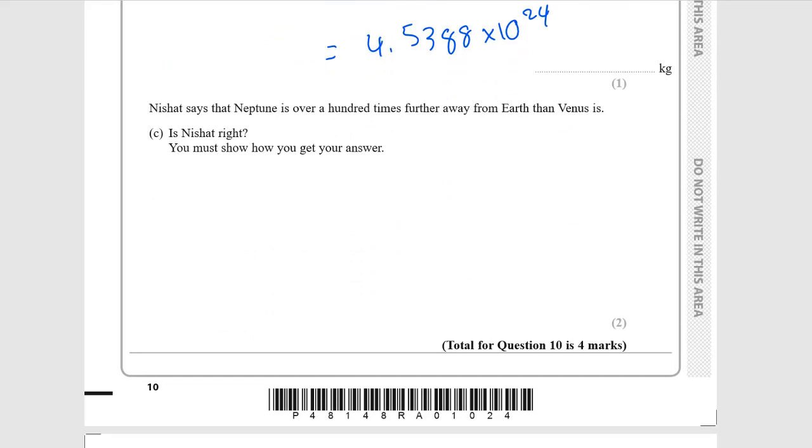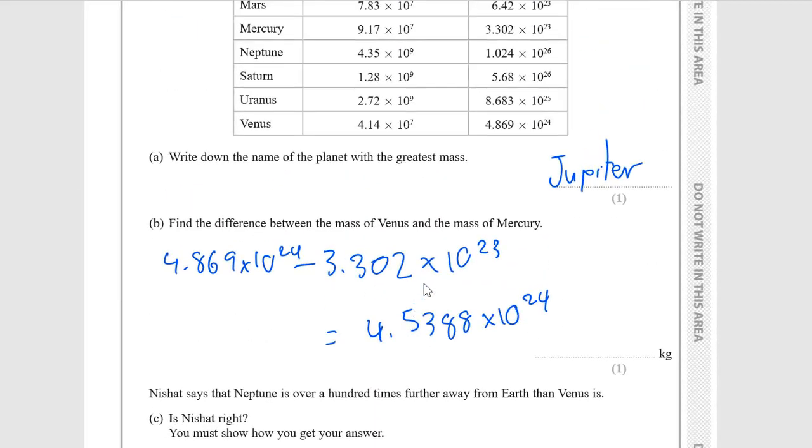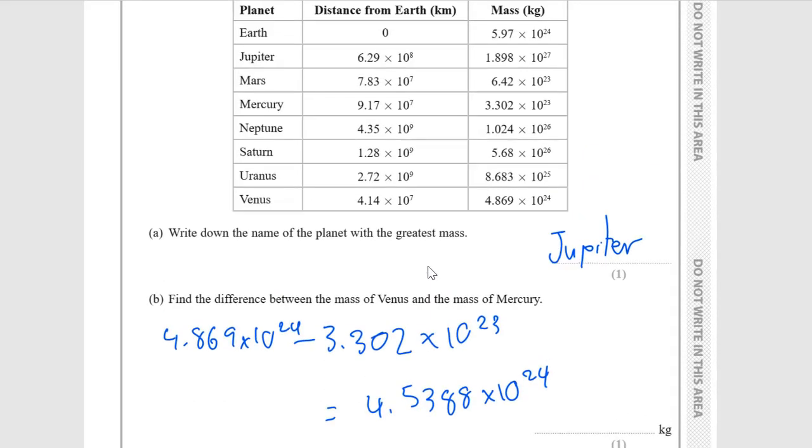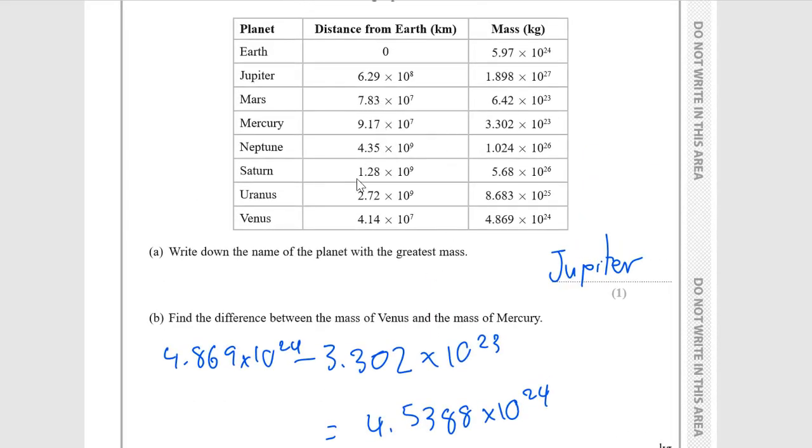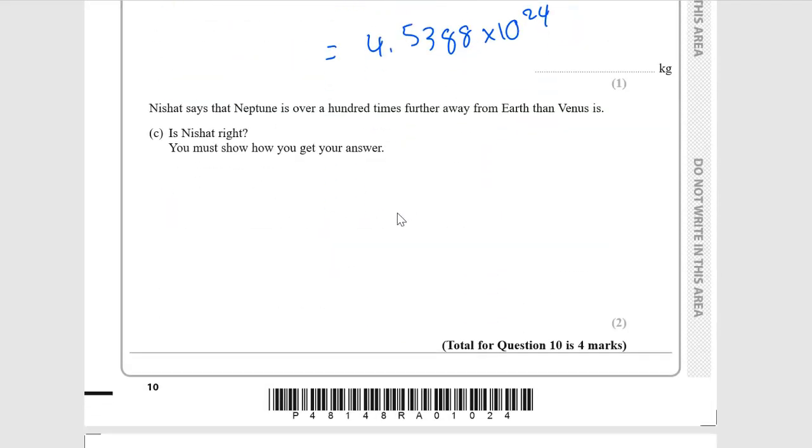So Nishat says that Neptune is over 100 times further away from Earth than Venus is. Is Nishat right? You must show your working out. So let's take the distance of Neptune, which is 4.35 times 10 to the power of 9, and the distance of Venus is 4.14 times 10 to the power of 7.